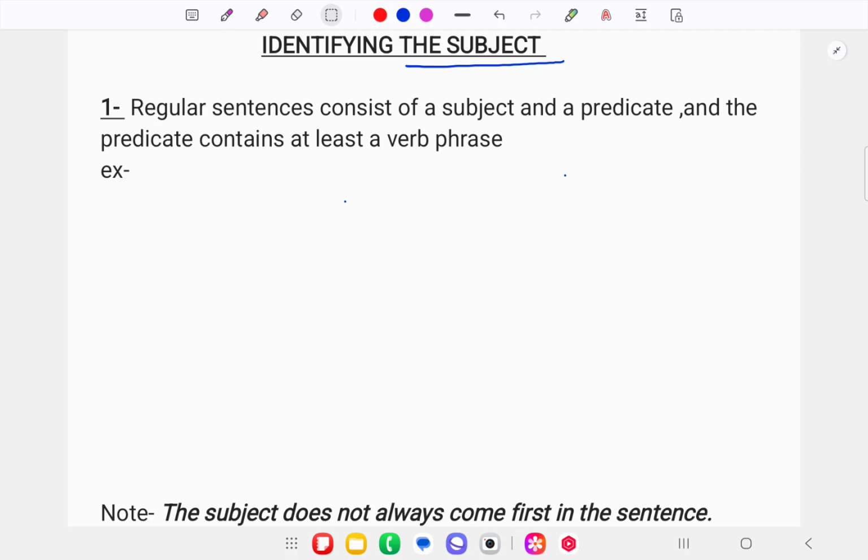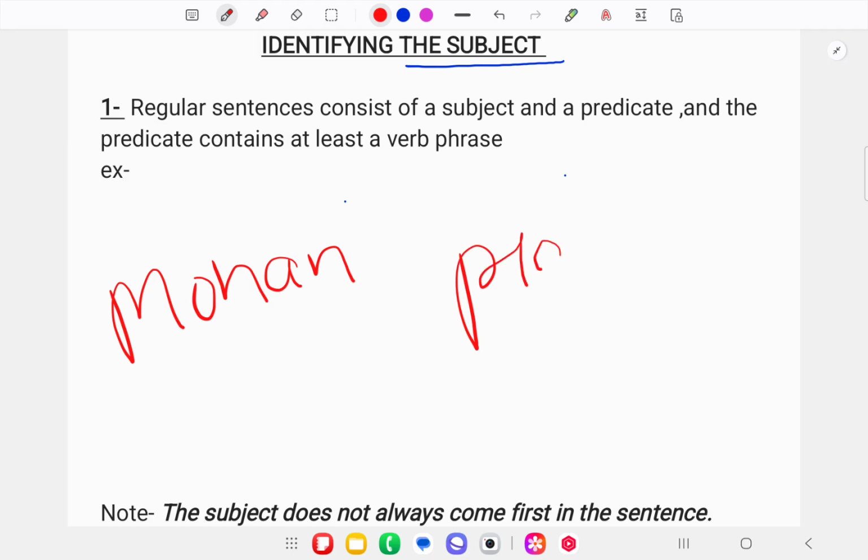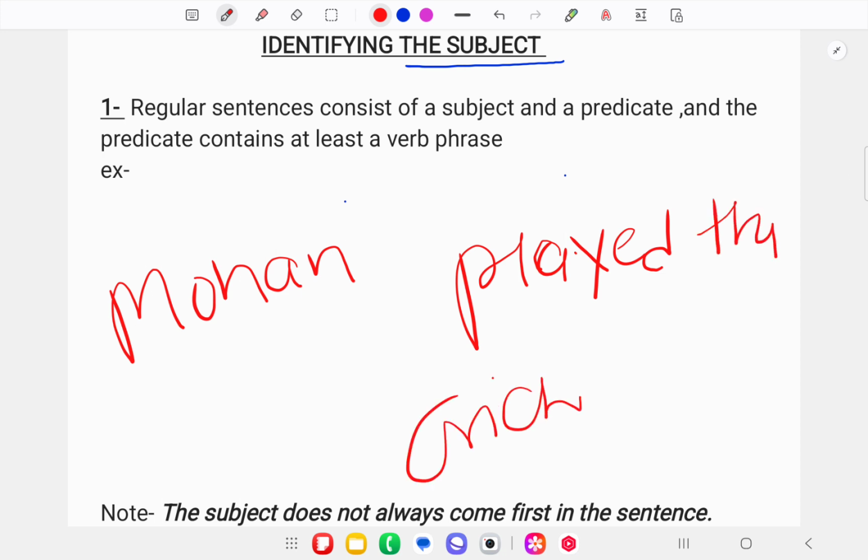So here we can see, if I talk about an example like: Mohan played the cricket match.